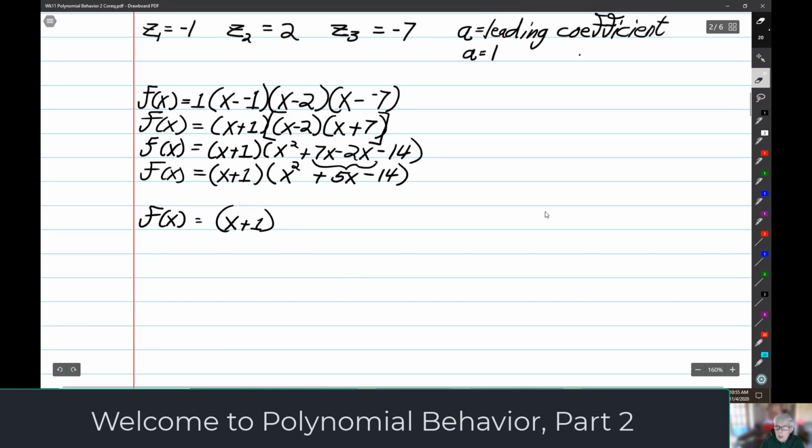I've got x plus 1. I don't even need to do it like this. I was going to kind of set it apart, but no, let's just be big kids here. I am going to take this x and multiply it by this set of parentheses.